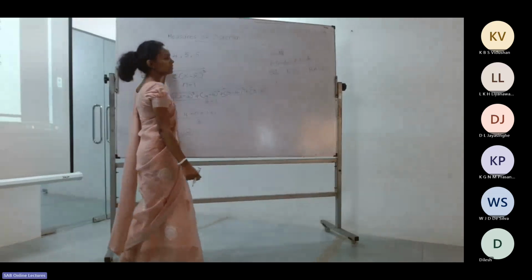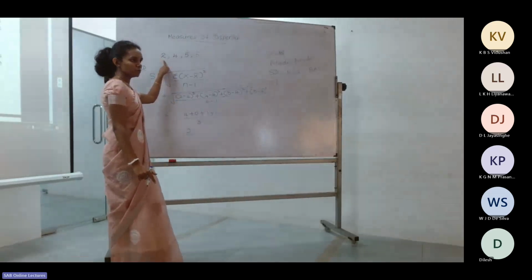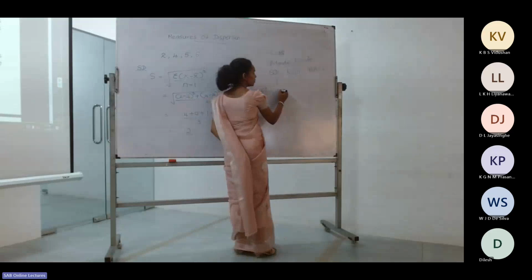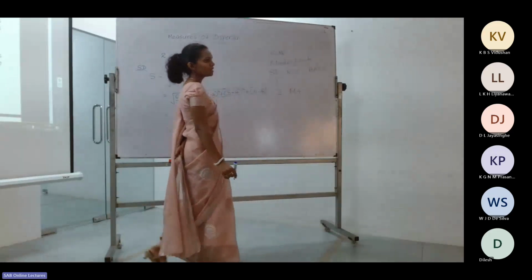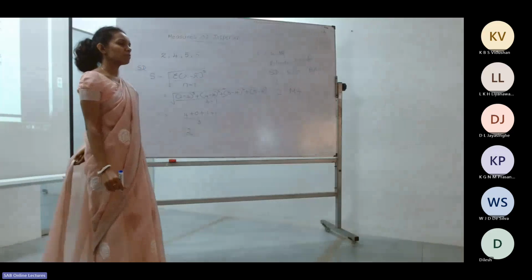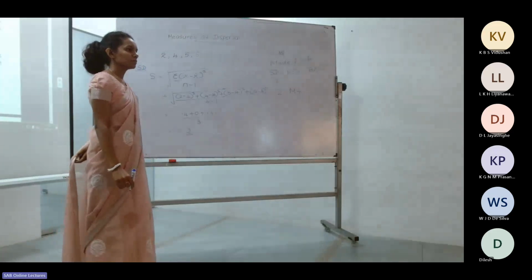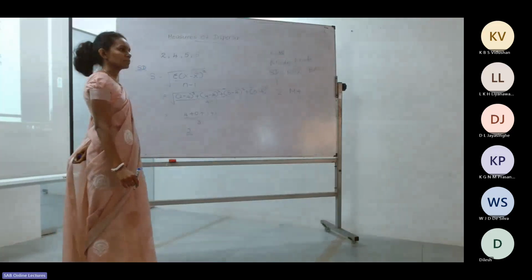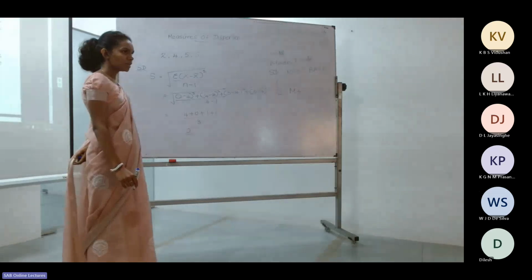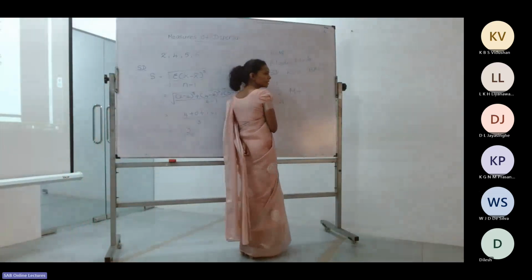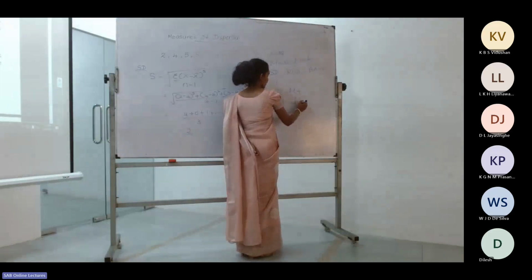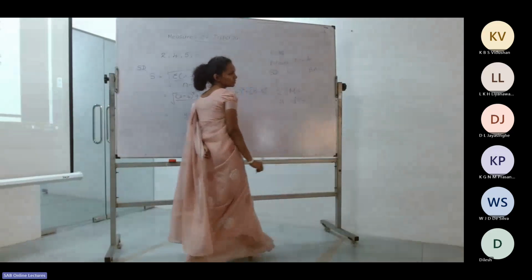Then what is the first value? Number 2. Then press number 2 and the M plus button. Then the second one is 4, then enter the M plus button.